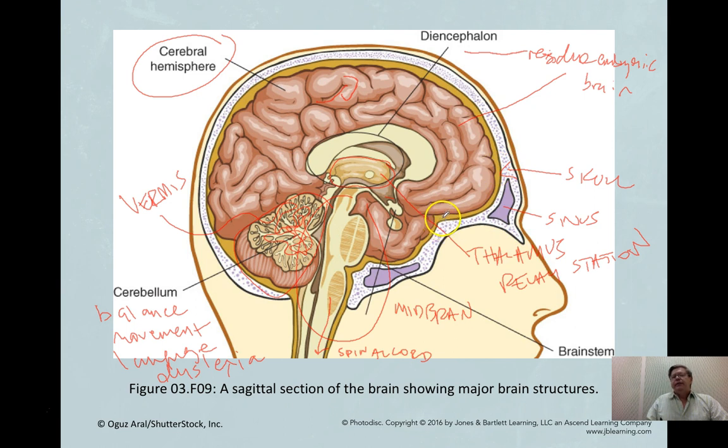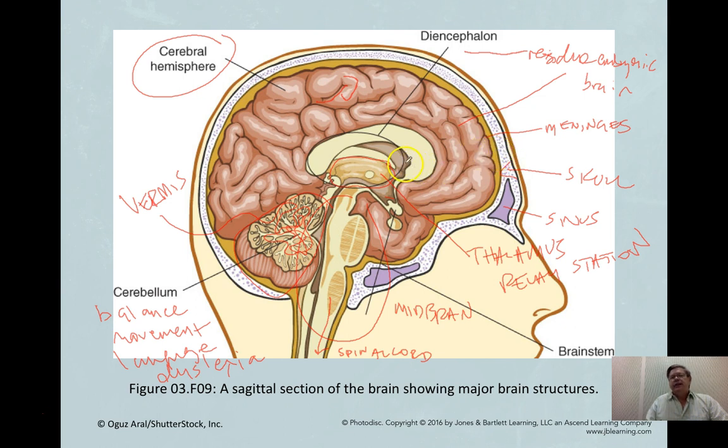This area here that surrounds the cortex, the goldish area, is called the meninges. And so the cerebral hemisphere itself is encased within the meninges and inside the skull. So there's a kind of double protection of the cerebral hemisphere inside these structures.